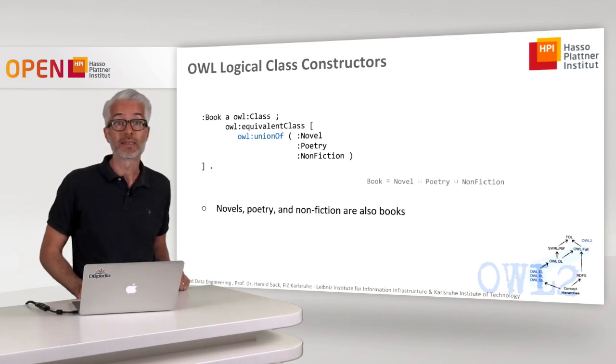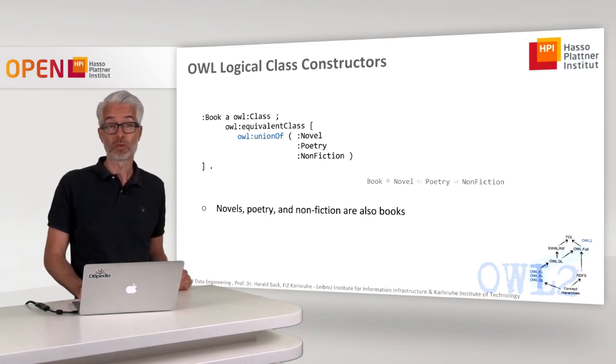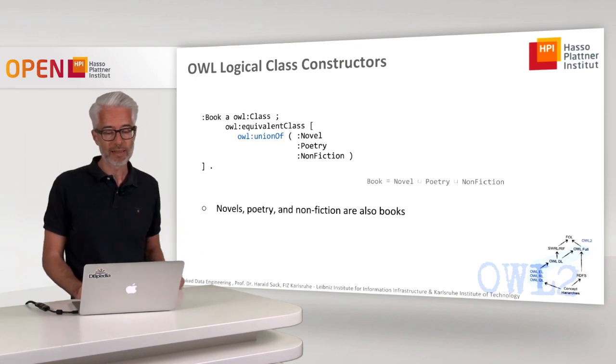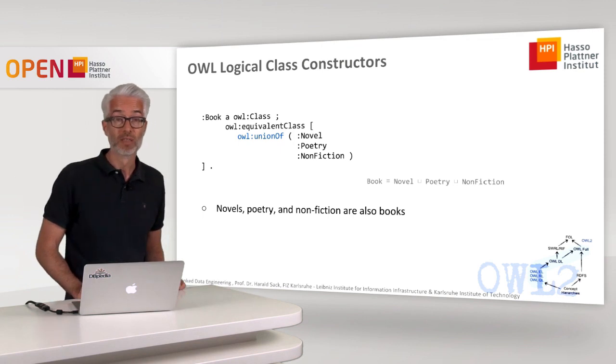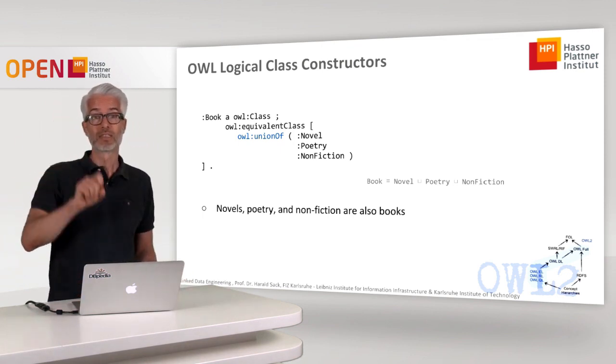Now let's have a look at the same thing described in OWL, in the web ontology language. I define book to be a class, and I say this class is equivalent to the following expression. So the following expression now in square brackets.